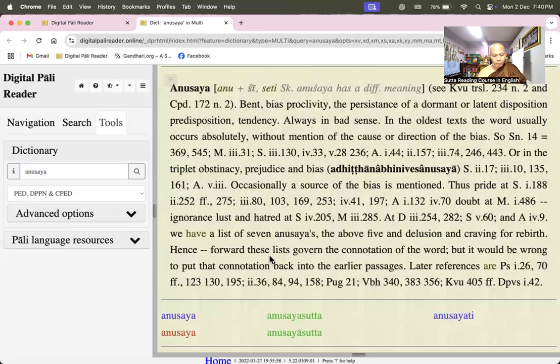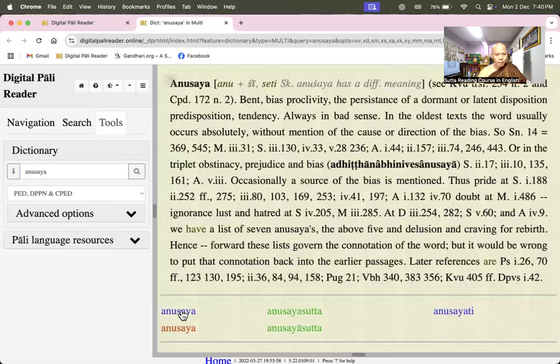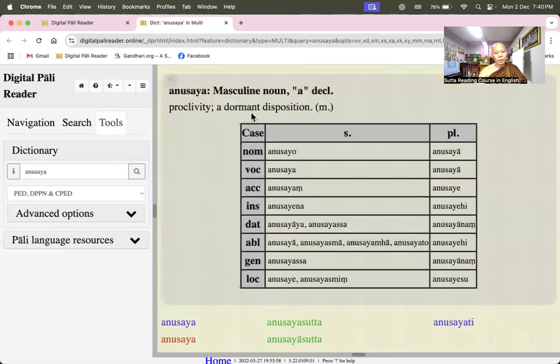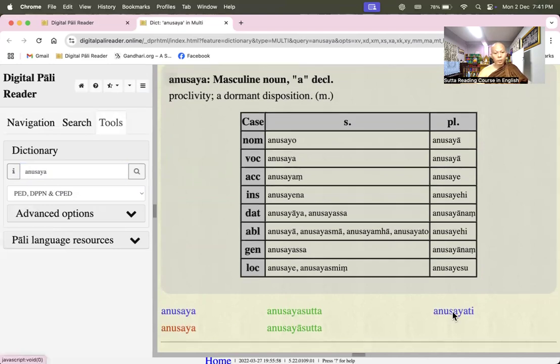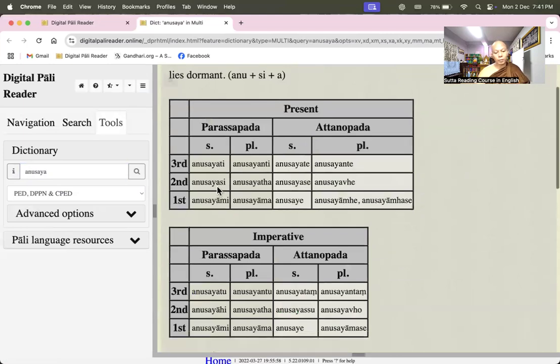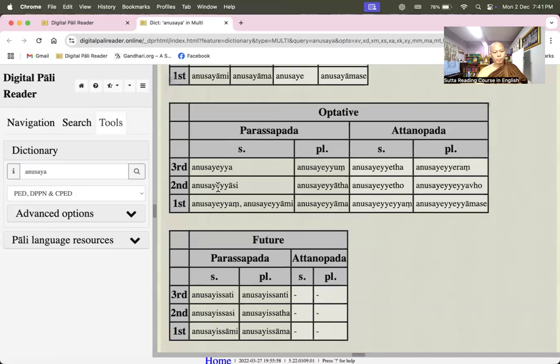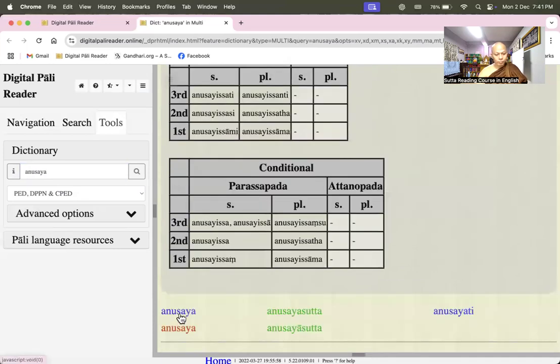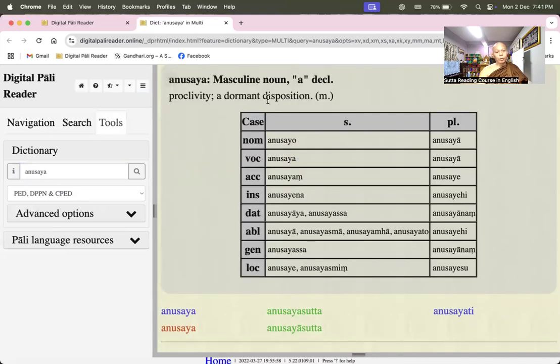Anusaya means dormant or disposition, lying dormant. A dormant disposition.